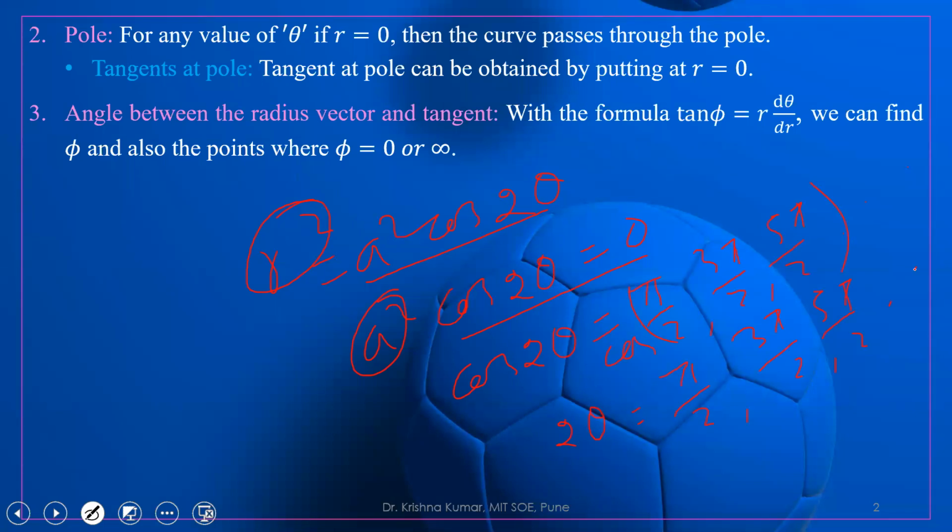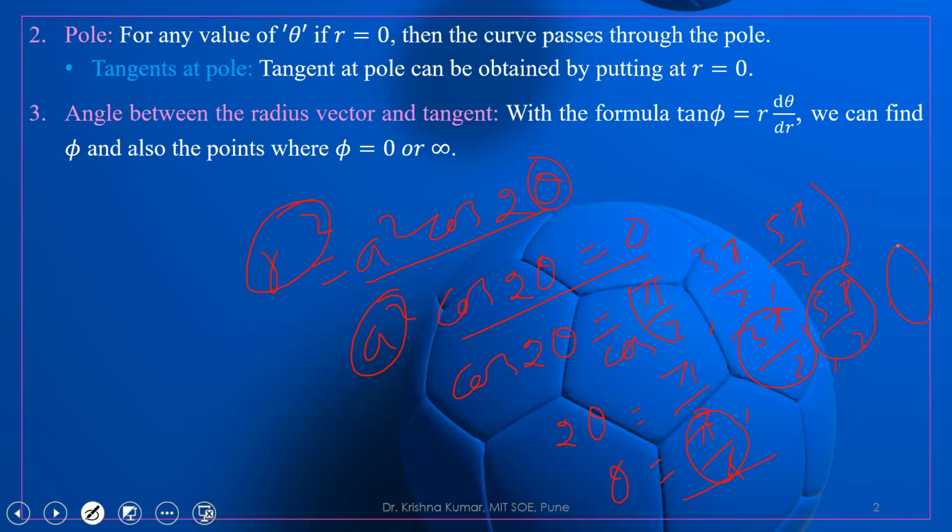So theta is equal to pi by 4. We have already seen that if you put theta equal to pi by 4, then the value of r is 0. So theta equal to pi by 4 is a tangent at the pole. Similarly, 3 pi by 4, 5 pi by 4, 7 pi by 4, 9 pi by 4, 11 pi by 4 are all tangents at the pole.